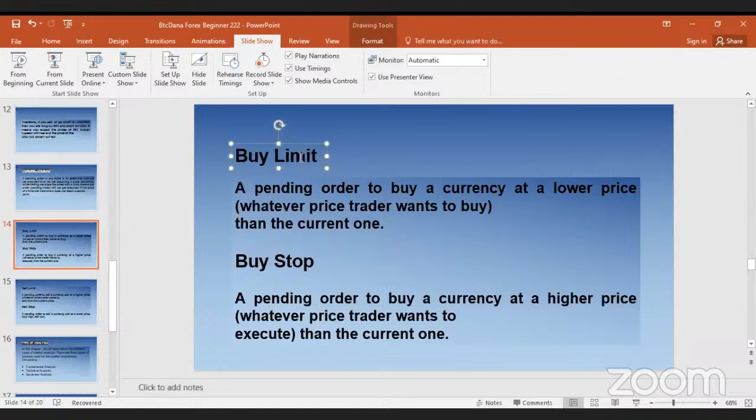I told you it's a pending order, it's not yet executed. So you set your buy limit on that price so that when the price gets to the point where you've predicted the market will go up, it will trigger instantly. That is what we mean by buy limit.